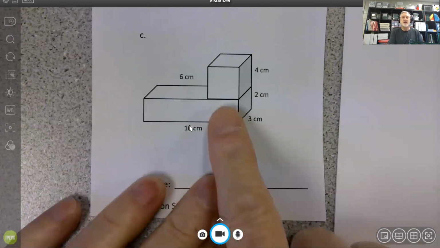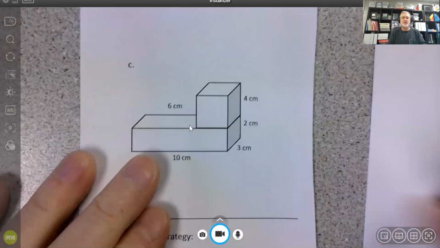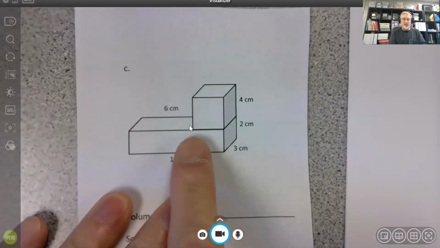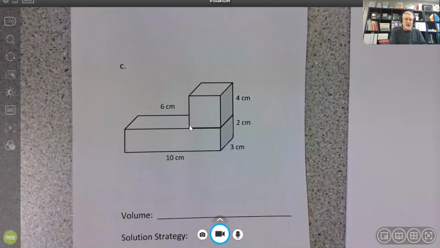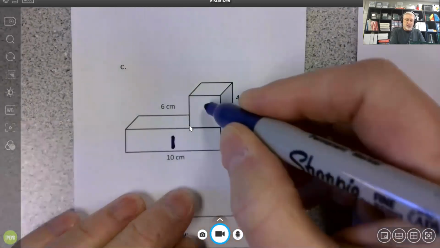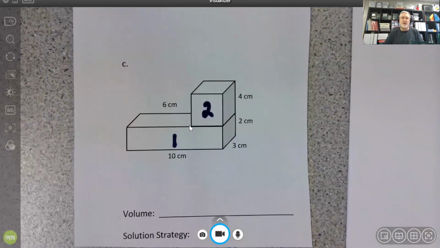In this example, we've actually cut this shape already horizontally. So you have shape number 1 and shape number 2. We need to find the volume of those two shapes and then add them together.